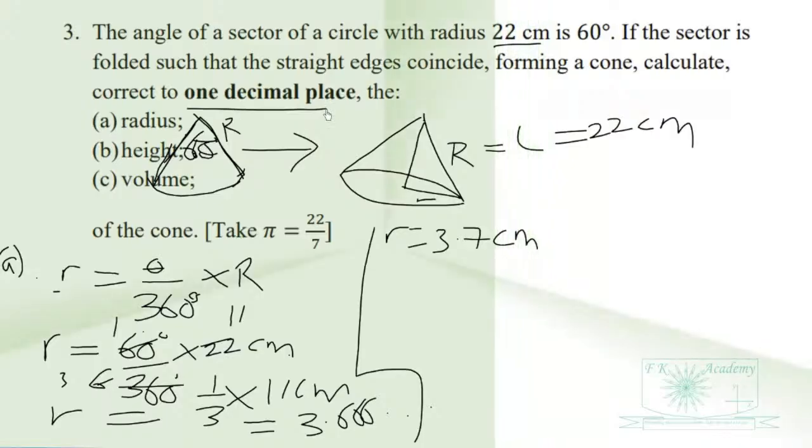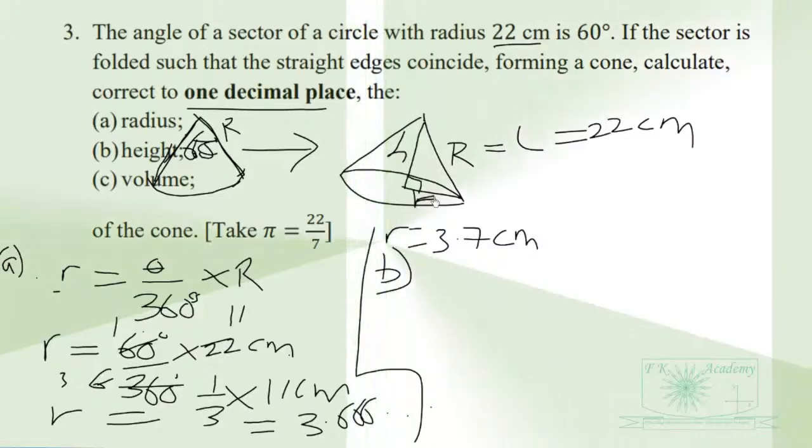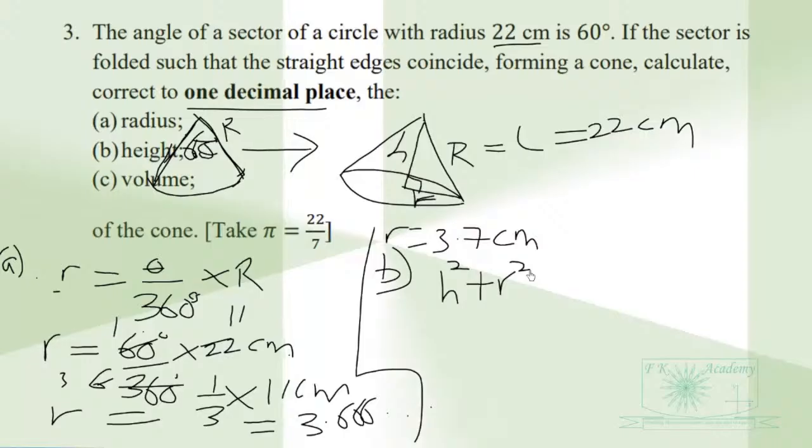Then the B part says we should find the height of the cone. So the height of the cone is here. This is a right angle triangle, and we know the radius is here. So we can see that h squared plus the base radius squared will be equal to big R squared. So we substitute the values.